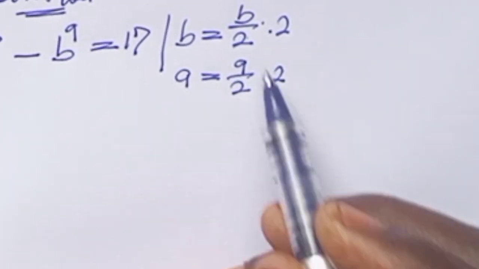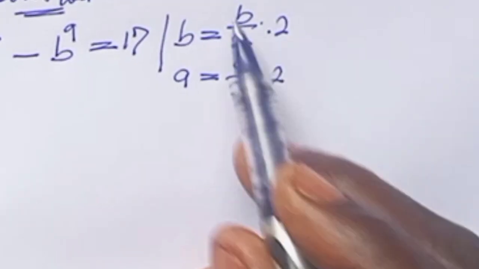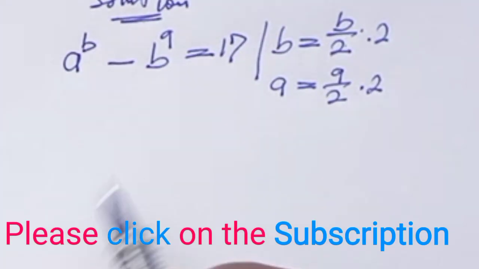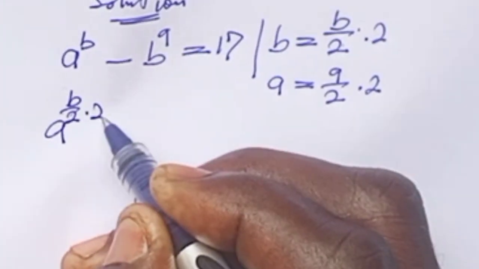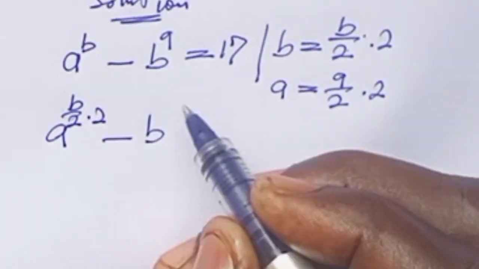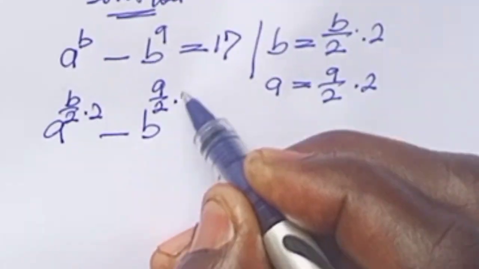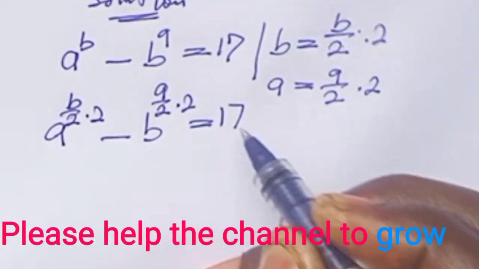So in the place of a, we're going to write this, and in the place of b also, we'll write this. So that the next line becomes a to the power of b over 2 times 2 minus b to the power of a over 2 times 2, and this is equal to 17.